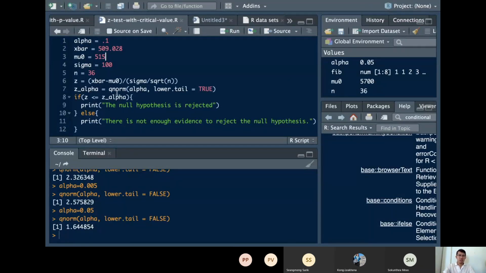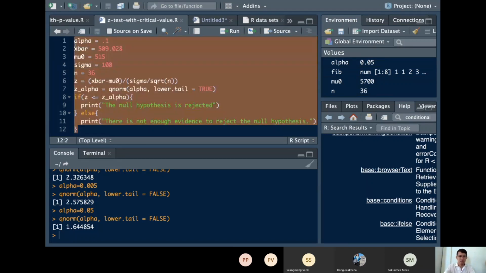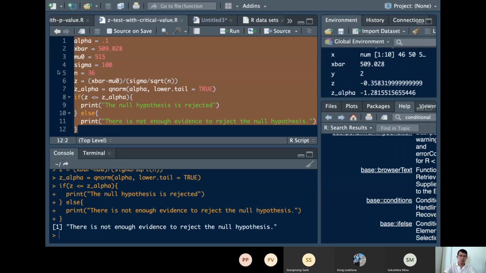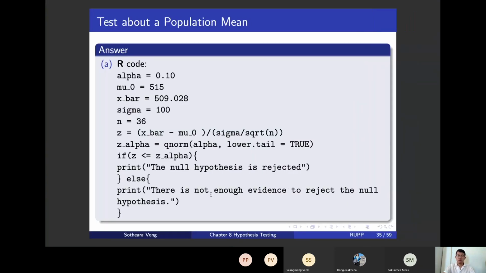Once everything is input, I have to run this code. I just select all and then press Ctrl+Enter, and then I will come up with this result. The result is not to reject the null hypothesis, right?